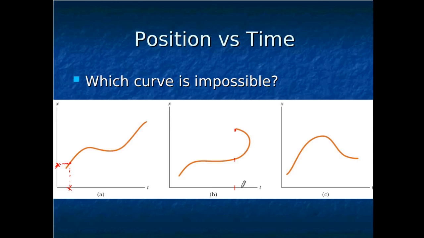Or if I look at what's the position at this moment in time, oh, it's there and it's there. This graph seems to suggest that the object is in two different positions, because the vertical axis shows position at the same moment in time. So at this moment in time, there's two positions. That doesn't really make sense for a physical object, so that's the one that's impossible.